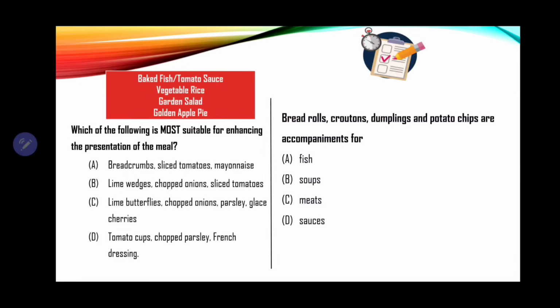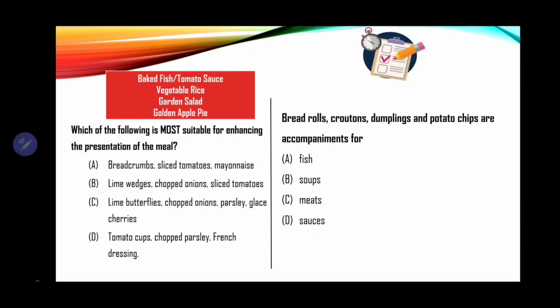All right? A. Breadcrumbs, sliced tomatoes, mayonnaise. B. Lime wedges, chopped onions, sliced tomatoes. C. Lime butterflies, chopped onions, parsley, glacé cherries. D. Tomato cups, chopped parsley, French dressing.